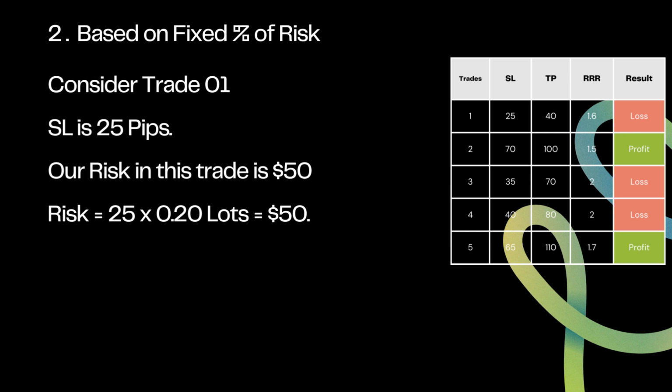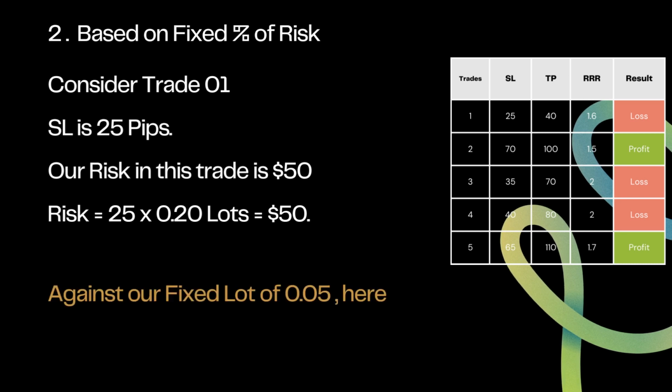But for the second trade, if you see, our stop loss is 70, so we will have a smaller lot size for the second trade. And for the third trade, the stop loss is 35 pips, so we will have a different lot size to ensure we are risking $50 on that trade.